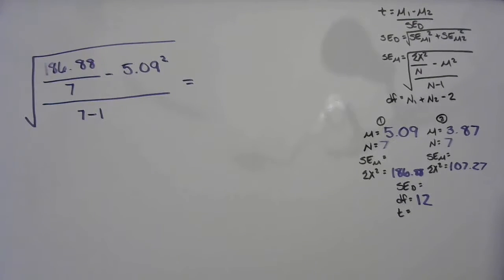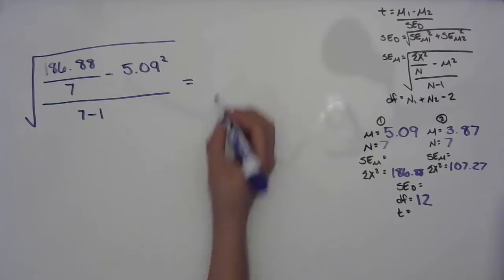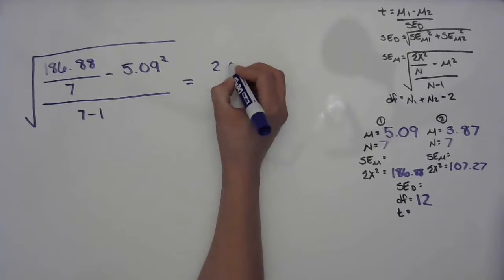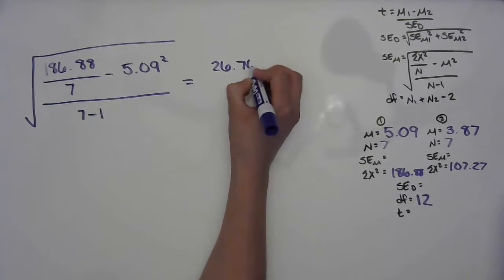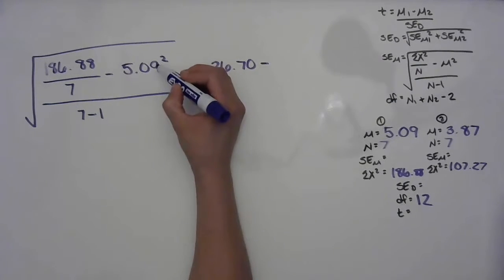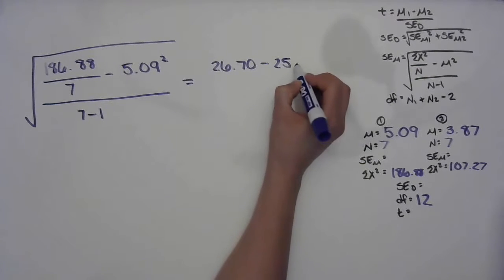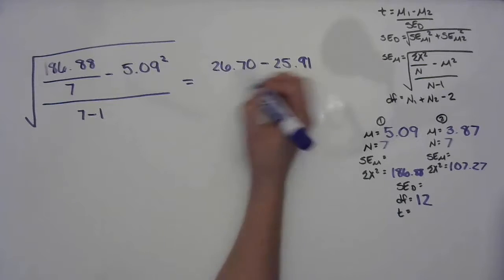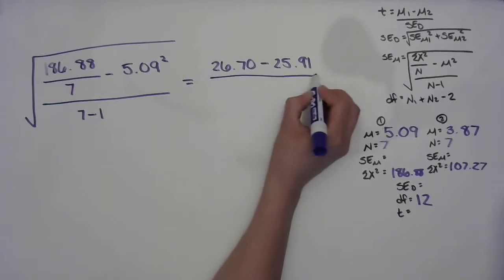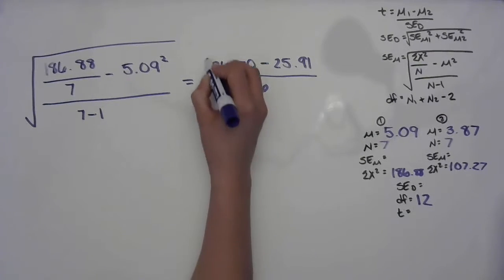When we divide 186.88 by 7, we get 26.70. Minus 5.09 squared, which is 25.91. 7 minus 1 is 6.